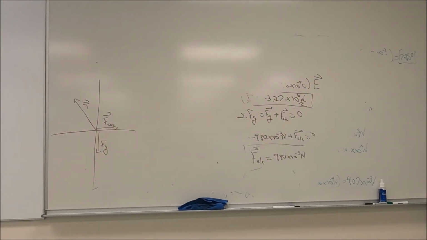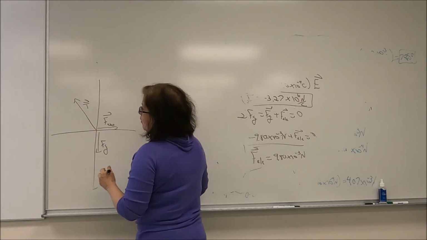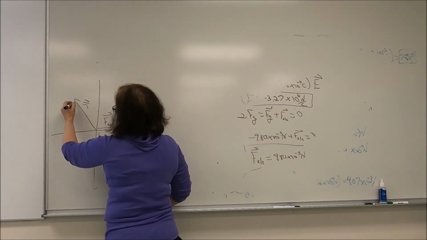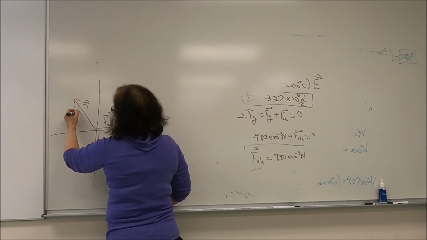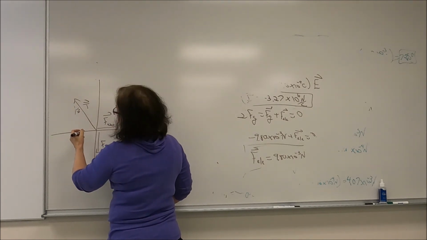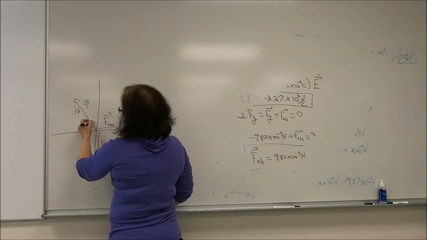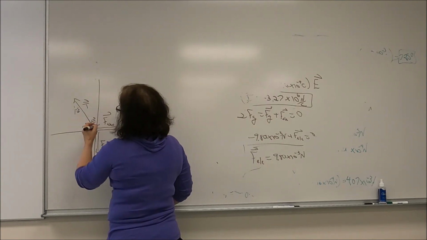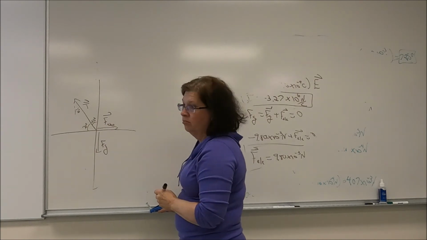Okay, so those are the forces acting on the ball. And we know that this was a 20-degree angle. So that means that this is a 20-degree angle. That has to make this a 70-degree angle.